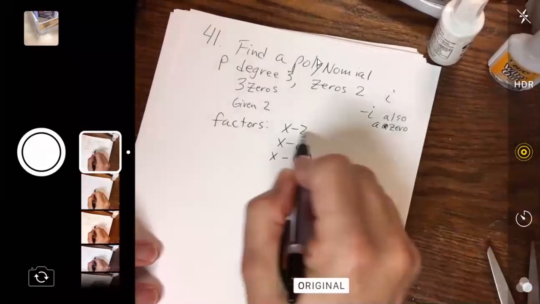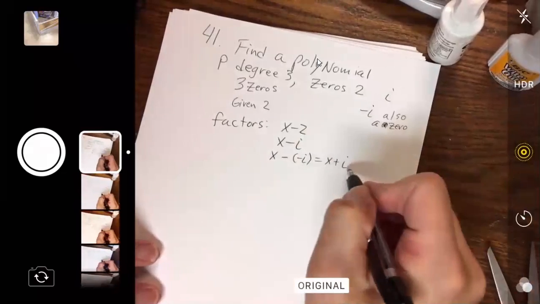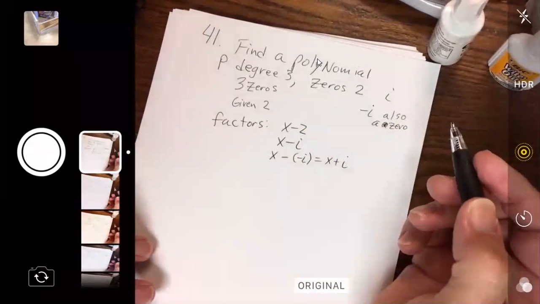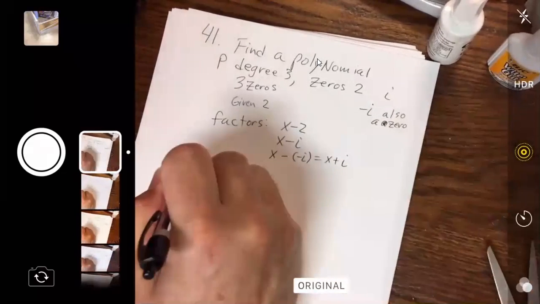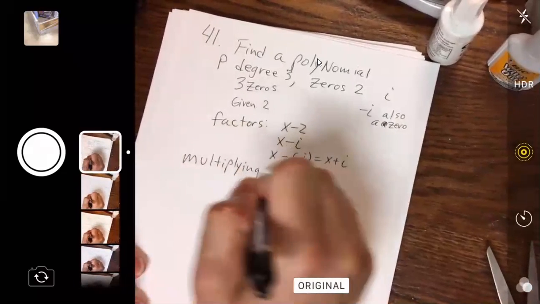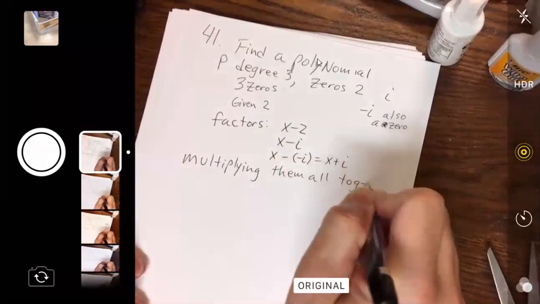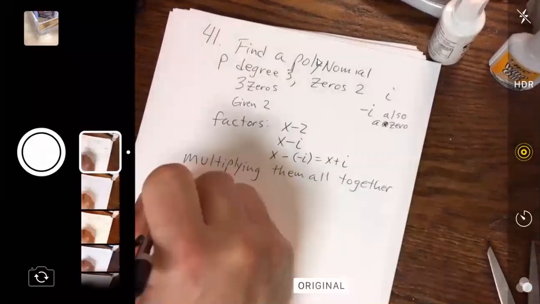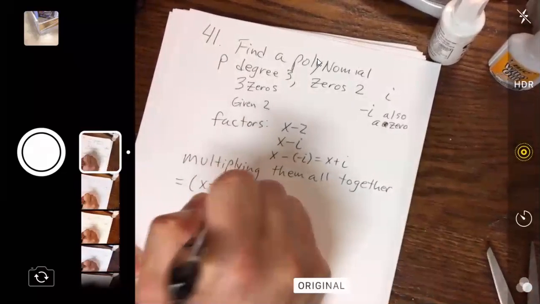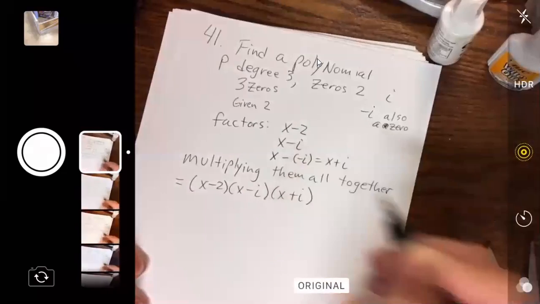Awesome. So 2 minus 2 is 0, i minus i is 0, and negative i add i would be 0. And now it's simply a matter of multiplying them all together. So x minus 2, x minus i, x add i.